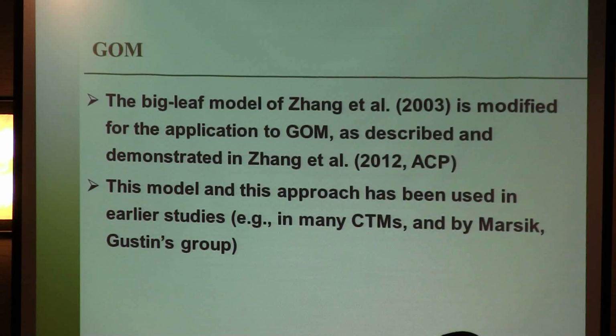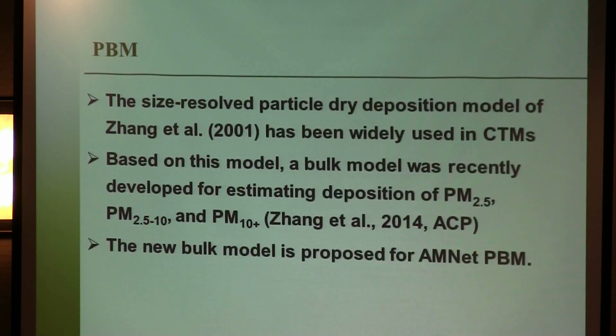And this model has been widely used in chemical transport models and by a few groups as early as IES touched mercury. So I won't go into the details of the mathematical formula of that one.